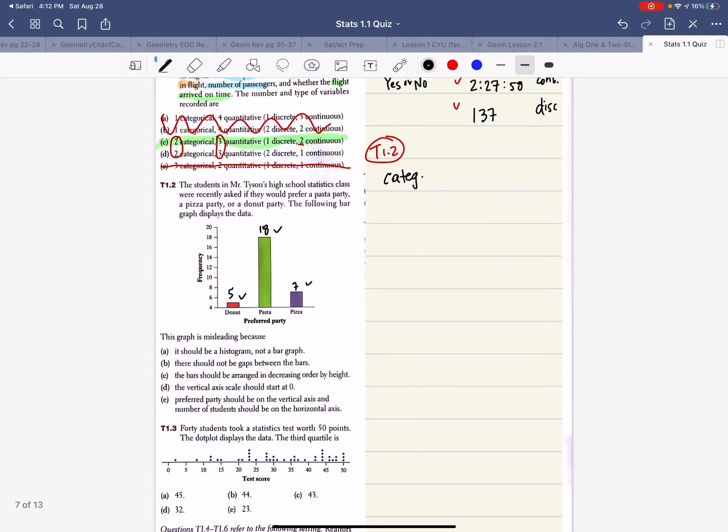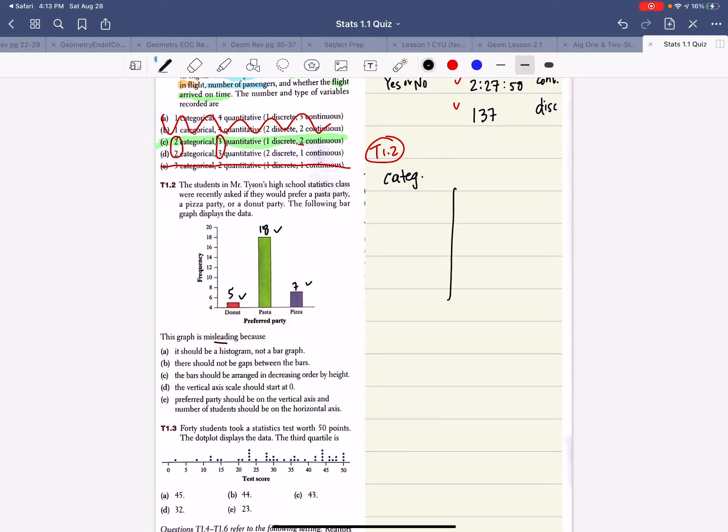So, is the graph misleading? Absolutely. It looks like pasta is way more preferable, but what's missing is the bottom of the graph, right? So 4, 2, 0. Really, donuts and pizza were not as far off from one another as this misleading graph would appear.